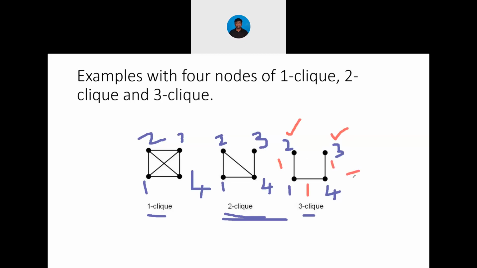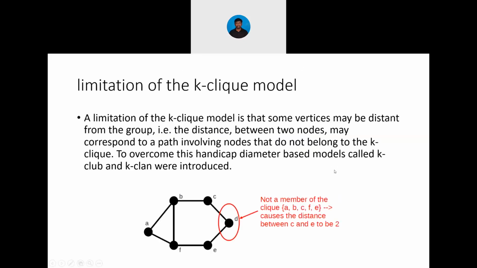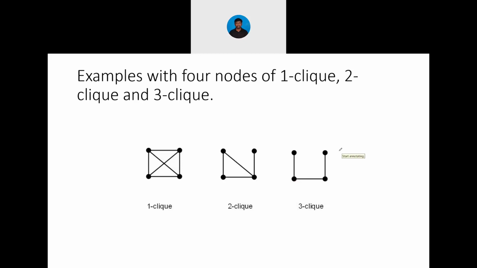So the maximum distance will be 3 here. For reaching this node from this node, the maximum distance is 1 plus 1 plus 1, which is equal to 3.